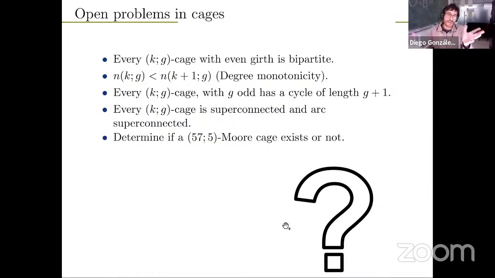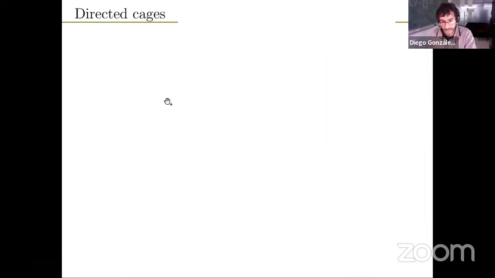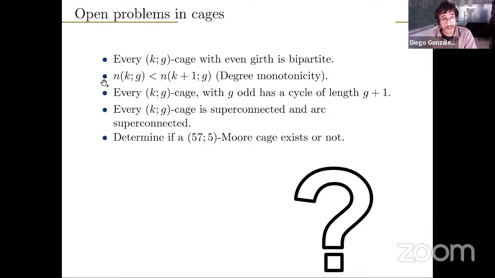Okay, so now I'm going to present some open problems in cages. They are all conjectures. We don't know if every KG cage with even girth is bipartite. It is conjectured that every KG cage with even girth is bipartite, but at the moment we don't know too much about this conjecture. Also, we have degree monotonicity: n of K,g is less than n of K plus 1,g.